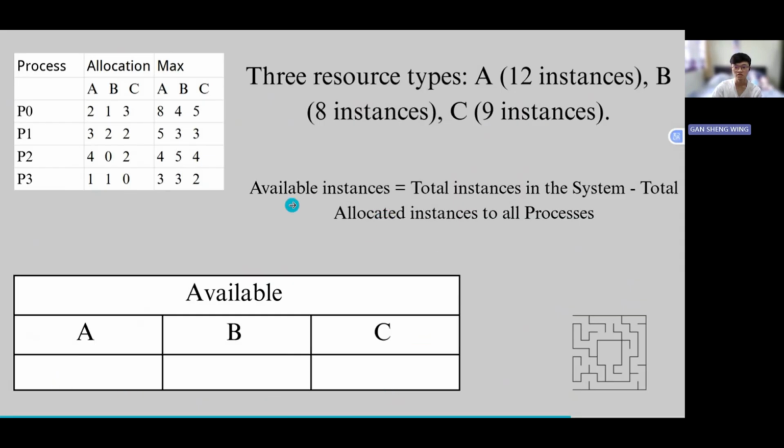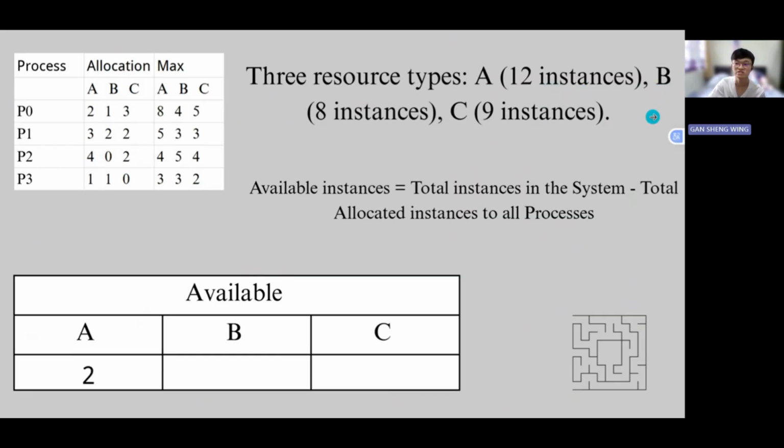The formula to get available instances is total instances in the system minus total instances allocated to all processes. The total instances of A is 12. So 12 minus 2 minus 3 minus 4 minus 1 is 2.